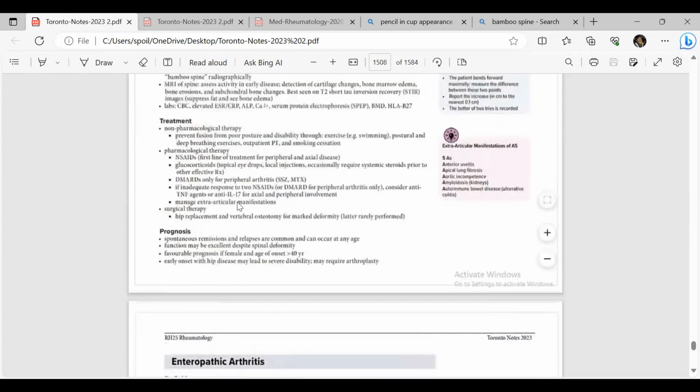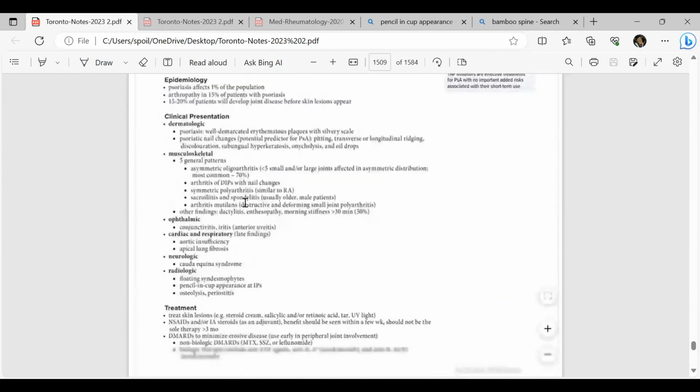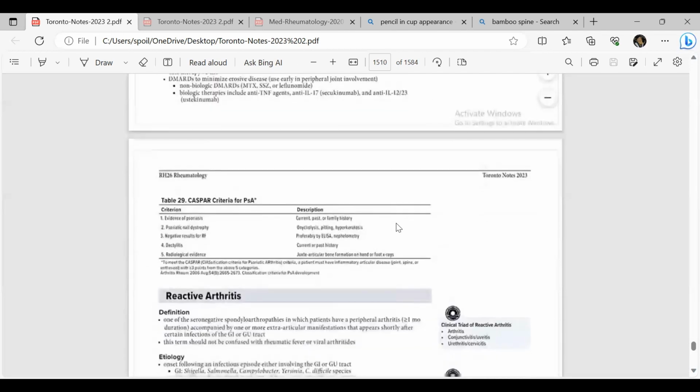We just read anti-TNF agents, which are given in psoriatic arthritis also. Anti-IL-17, given in AS, we are now giving in psoriatic arthritis also, in addition to NSAIDs, then DMARDs, then TNF inhibitors, and interleukin 12 and 23 is added over here.